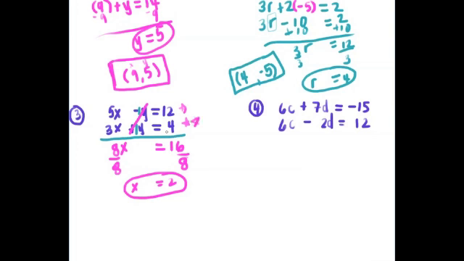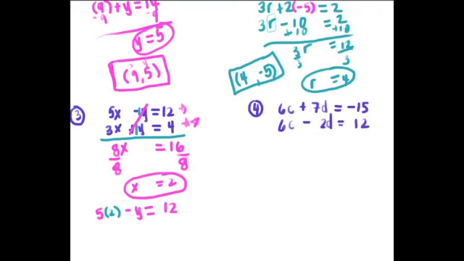I just always pick the top out of habit, doesn't matter. Everywhere you see an x, plug in a 2. So 5, and then times 2, because we're subbing out the x for a 2, minus y equals 12. So 5 times 2 is 10, minus y equals 12.